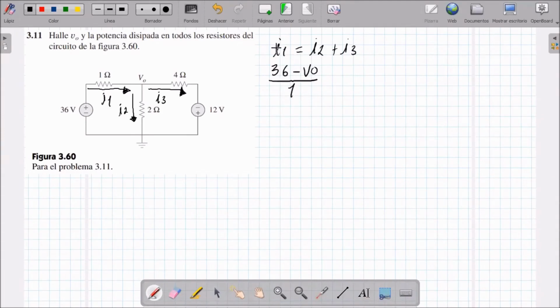This is equivalent to the current, since voltage over resistance is the current, equal to I2 plus I3. I2 comes over here, V0 over 2 ohms, plus I3. Let's note that the voltage V0 generates a force to the right, and the voltage of 12 volts, instead of exerting an opposite force, is exerting force towards the same side. So I think it's V0 plus 12 volts over 4.